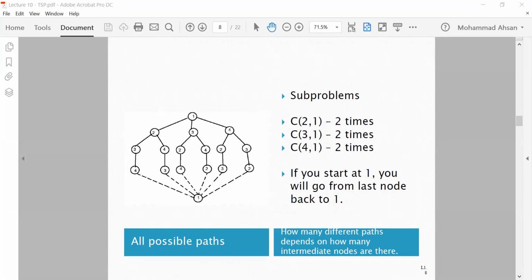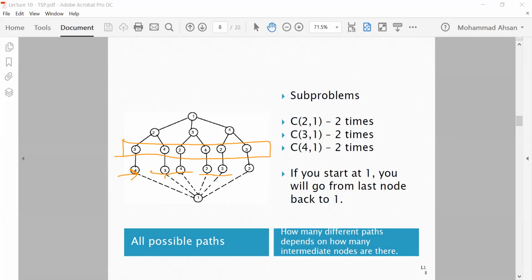Okay, but if you are at this level, there is one intermediate vertex that you can go to. Okay, and what are those intermediate vertices? If you look here, obviously they're going to be 4, 3, and 2.